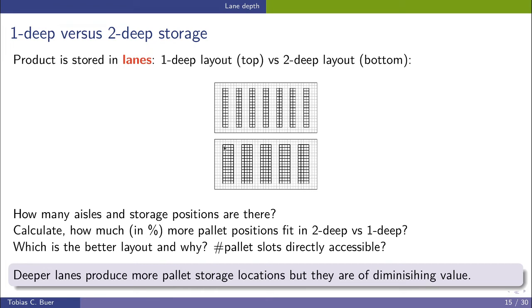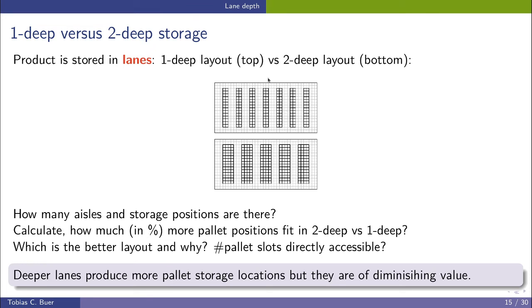So in this slot the same SKU is stored like in this slot, but because we can access it from the right, we can use a different SKU in this slot and in this slot. And in the top picture we can have different SKUs in the two slots, so we have one access from the left and one from the right.